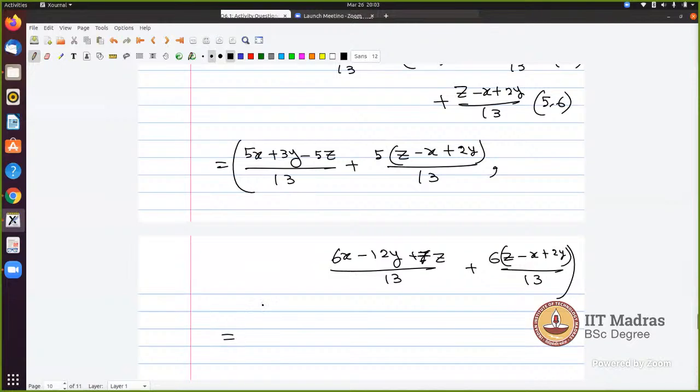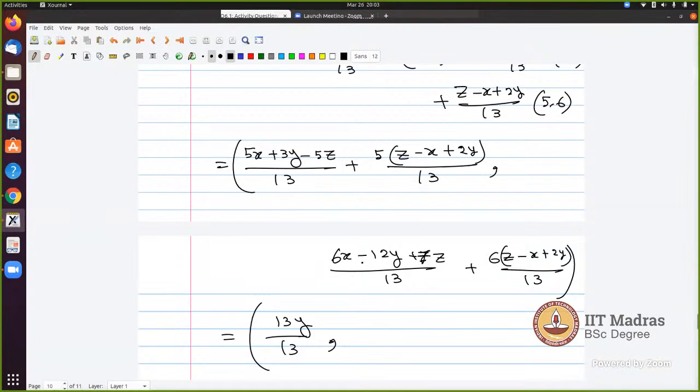So what I am getting here: 5x minus 5x cancels out, 3y plus 10y is 13y, minus 5z plus 5z cancels, so 13y by 13. Okay. And what is this one?